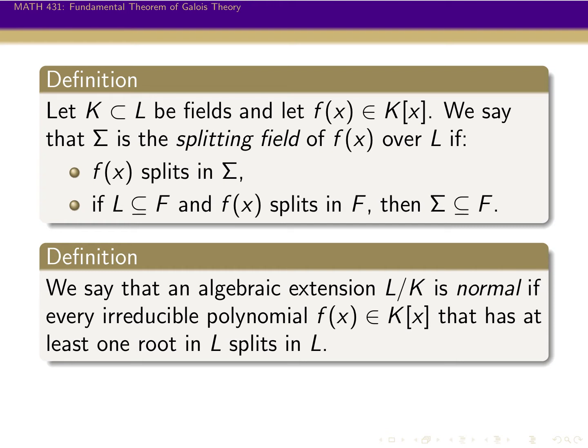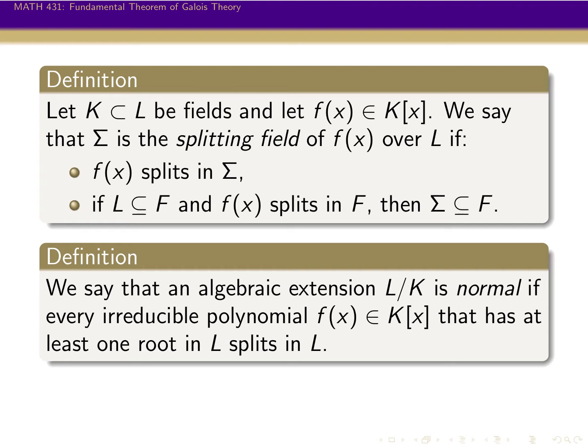Then for a normal extension, that means that if you take any irreducible polynomial, and that irreducible polynomial has one root in the upper field L, then that polynomial splits completely.